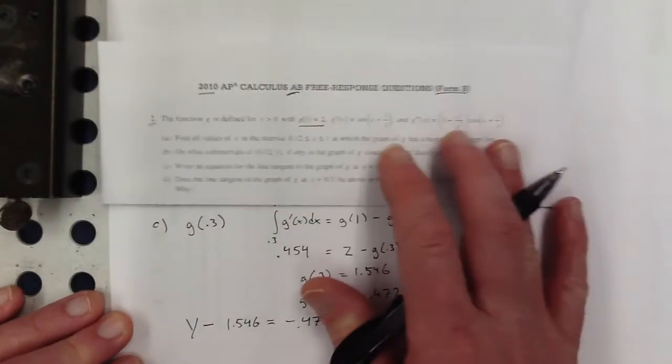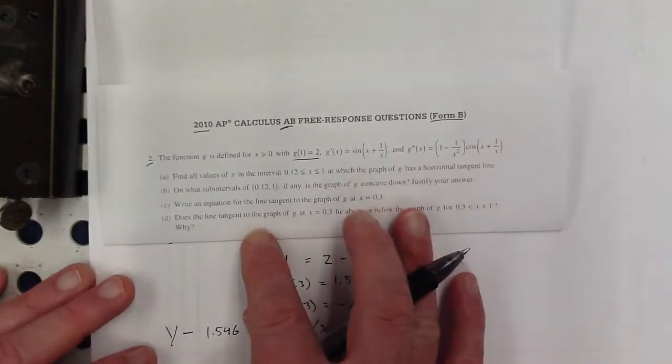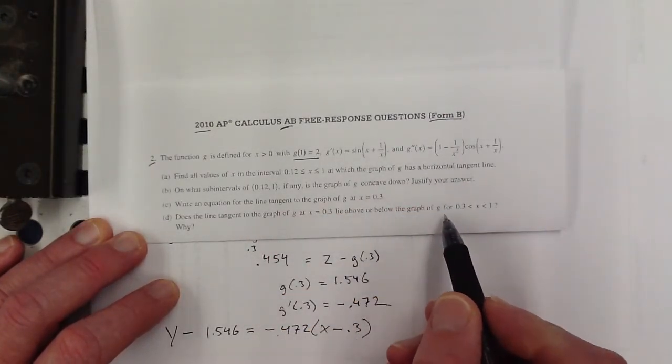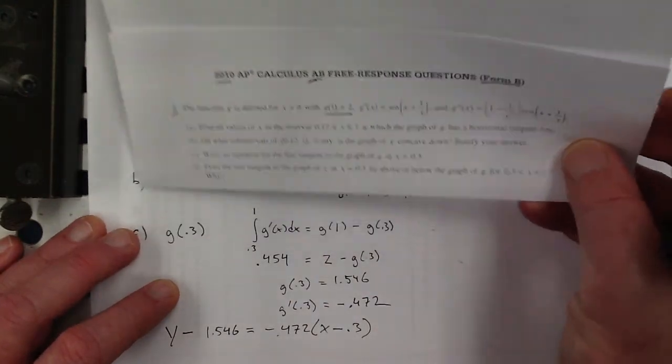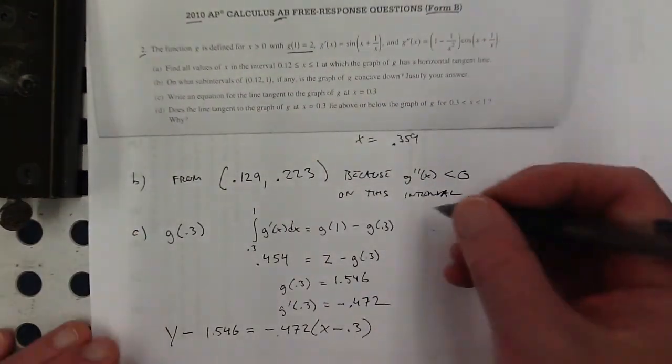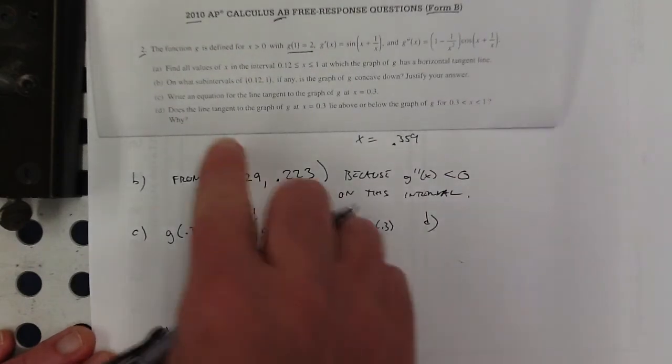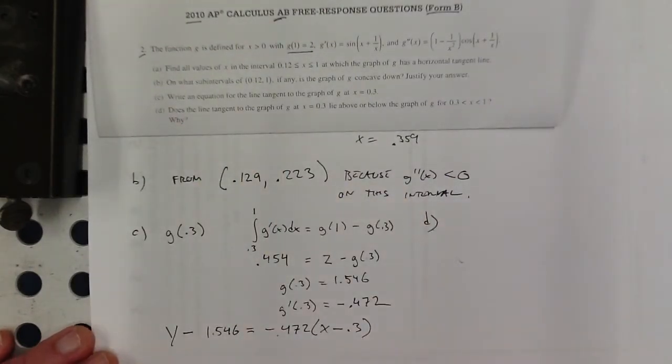And I got one more part here. Does the line tangent to the graph of g at 0.3 lie above or below the graph of g? When you are asked this question about whether tangent lines overestimate or underestimate, or how it's phrased here, does it lie above or below, this is a question about the second derivative.